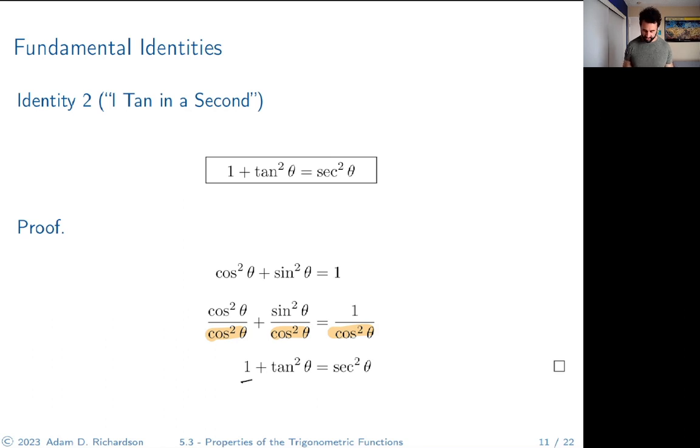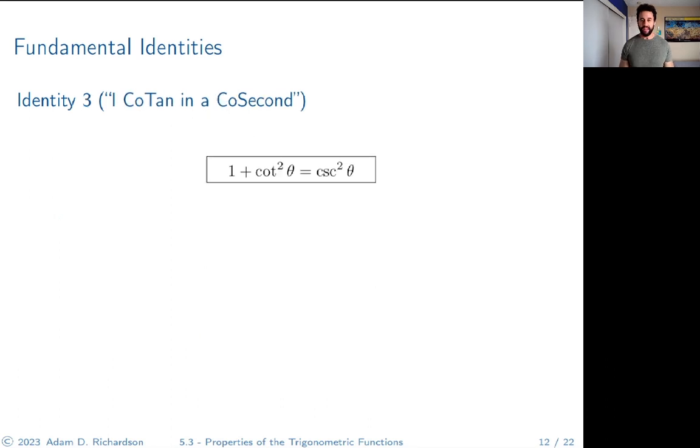Sine squared over cosine squared, that's just tangent squared, right? Sine over cosine is tangent. So this becomes tangent squared. And then 1 over cosine squared, that's just secant squared. By definition, right? What's secant? Secant is 1 over cosine. So 1 over cosine squared is secant squared. And there we go. That's the proof.